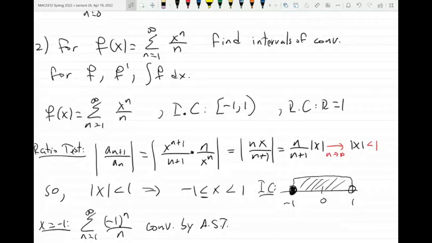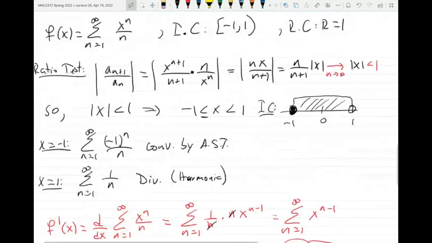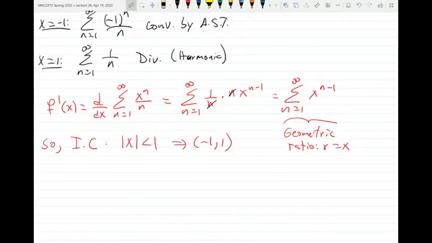We can see it as geometric, but since the absolute value of x has to be less than 1, that's why the interval of convergence changes. It doesn't include -1. Do you see it is a geometric series? If instead of an x I put an r, do you recognize it as a geometric series? It's a geometric series with first term 1, and the ratio is r, which is x.